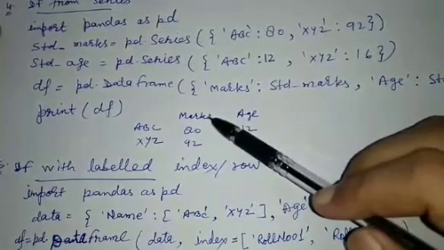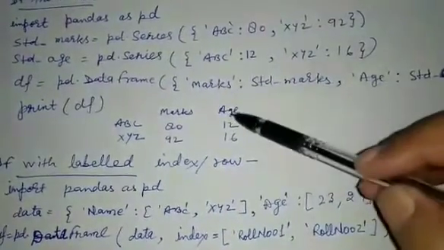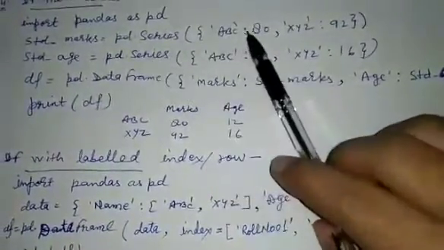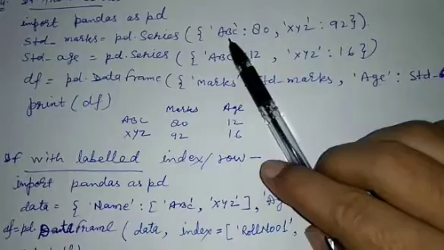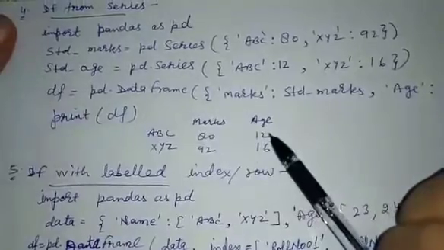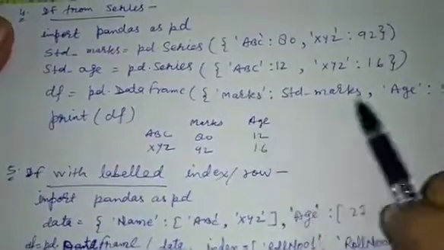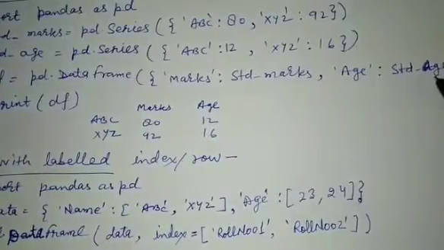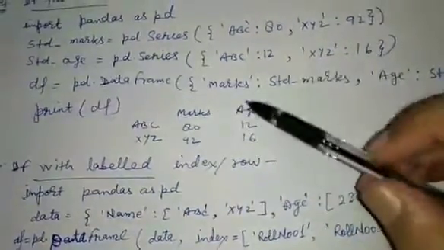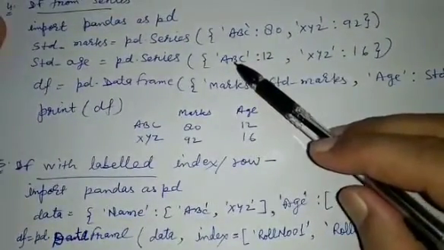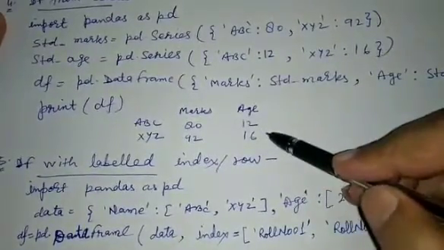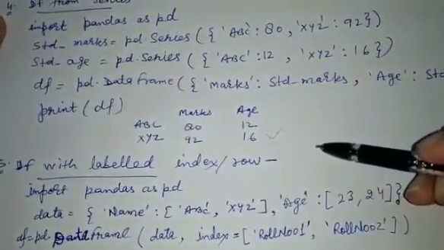So marks will be the name of the first column and age is the name of the second column, and its values are derived from the std marks series, in which there are two elements, abc and xyz, having values 80 and 92. You can see over here. Similarly, the std age column values will be derived from the std age series. So abc age is 12 and xyz age is 16. So you will get this kind of output using series.